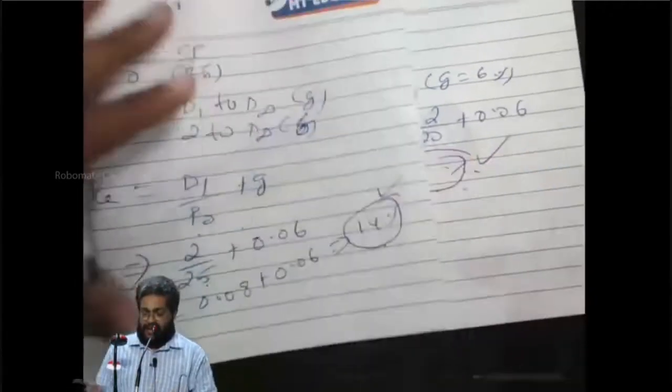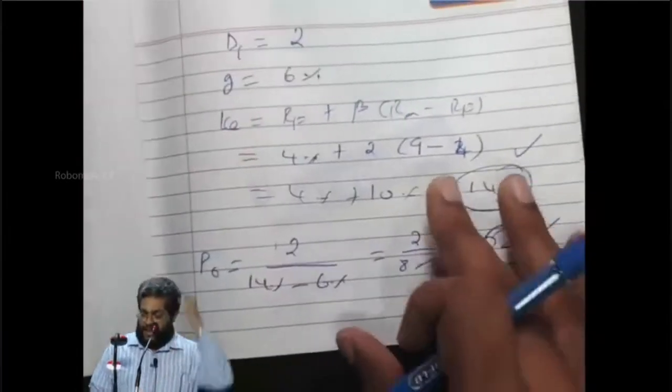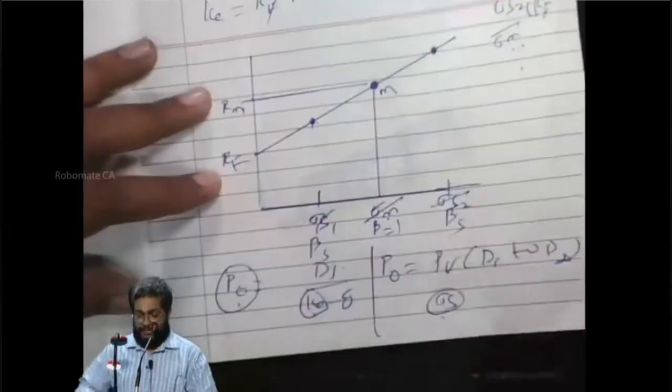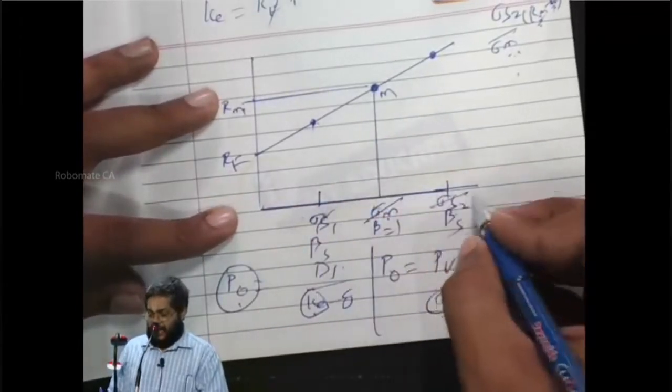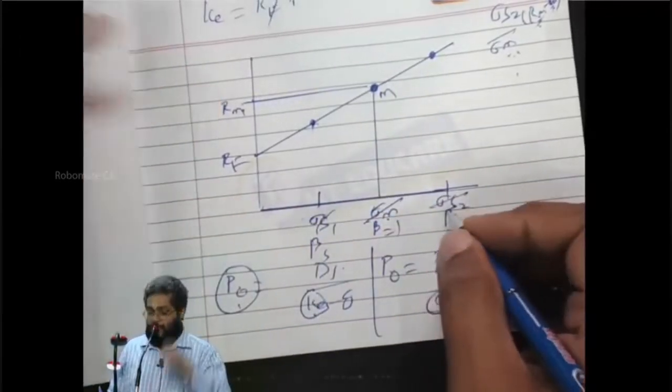Just for technicality, we had a diagram here. In this diagram, for example, the share has a beta of 2. So a beta of 2 times. Okay.